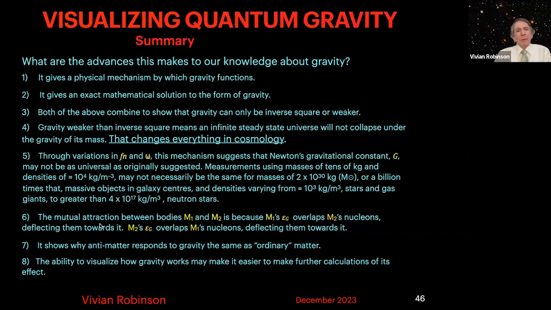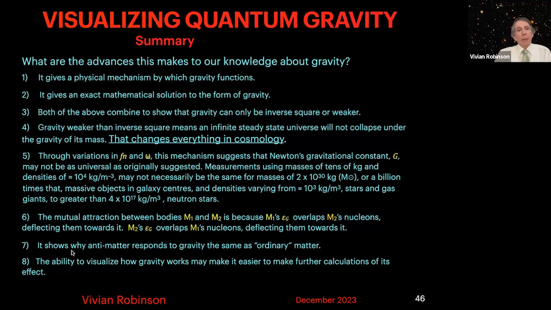Now, the mutual attraction between bodies M1 and M2 is because body M1's electric permittivity overlaps M2's nucleons, and it deflects them towards it. And then M2's electric permittivity overlaps M1's nucleons, deflecting them towards it.